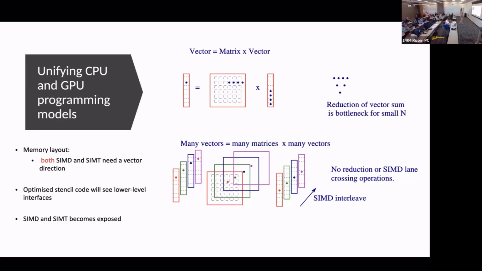You're serializing with a bottleneck. So the big realization of Grid is that if you have many vector sets, many matrices, and you turn the element direction to move consecutively, then you automatically vectorize many vector sets, many matrices at the same time. And there's no serialization there, so you get 100% SIMD efficiency.